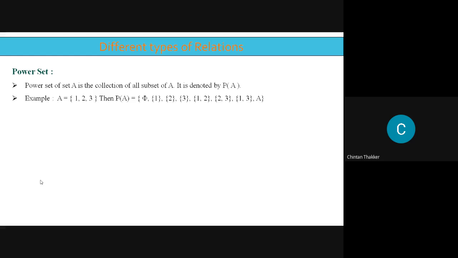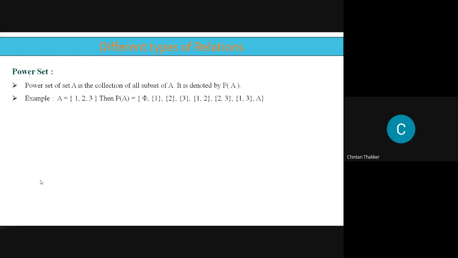So first we take phi, then singleton 1, singleton 2, singleton 3, then the two-element sets 1 and 2, then 1 and 3, then 2 and 3, and A itself. So these are the subsets of set A. The collection of these subsets is called power set of A.